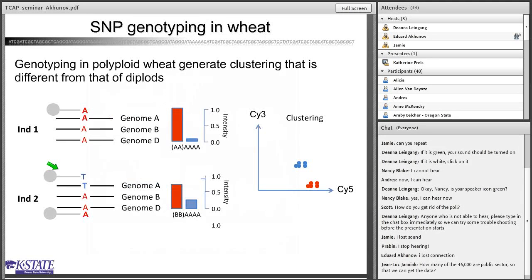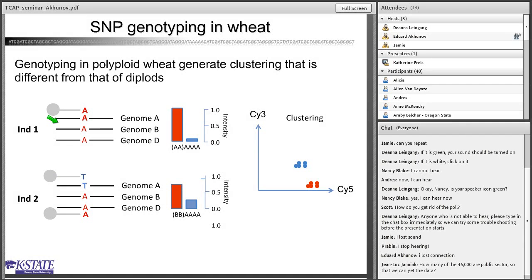And genotyping in a polyploid system generates clustering that is slightly different from what you can get in diploids. In this particular case, you may see two individuals, and this is the SNP again in the A genome of polyploid wheat. The probe that we designed for this assay matches all 3 copies of genes in the wheat genome.